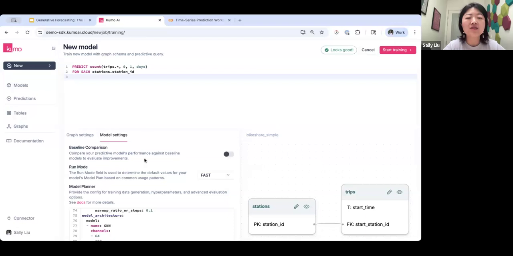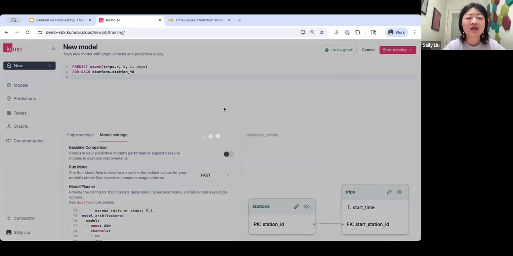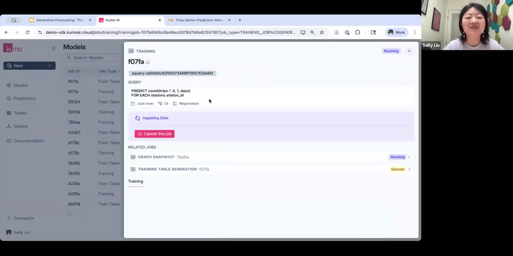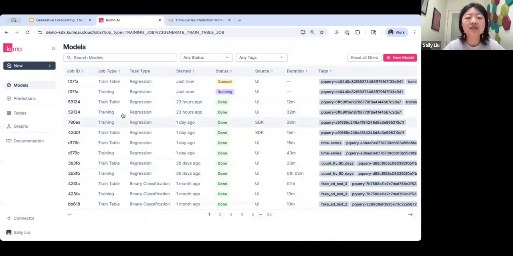So once you have everything set up and it looks good, you can start training. Usually it will take about 30-40 minutes. So now, as you can see, it is ingesting data, and the model will start training. And here I have some already trained predictions.